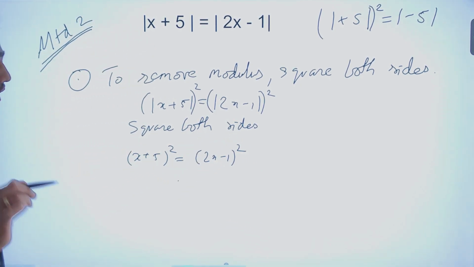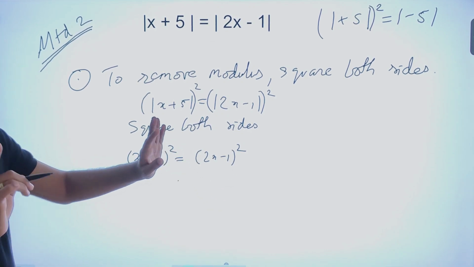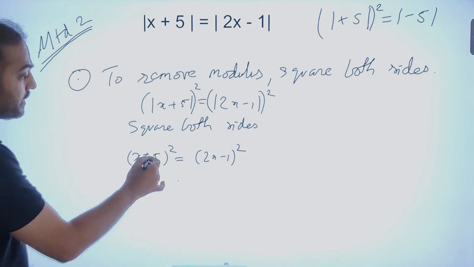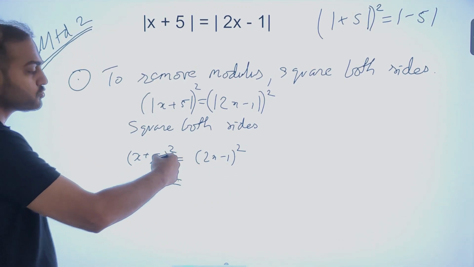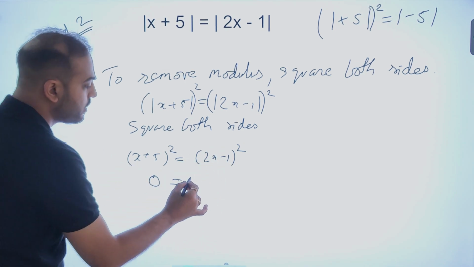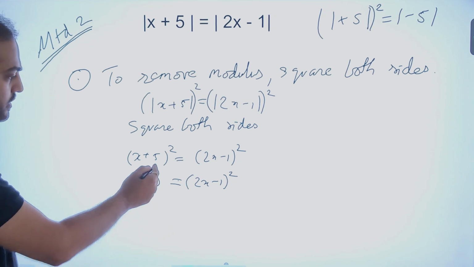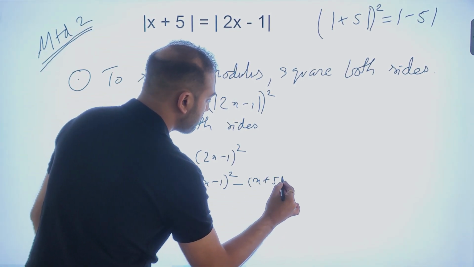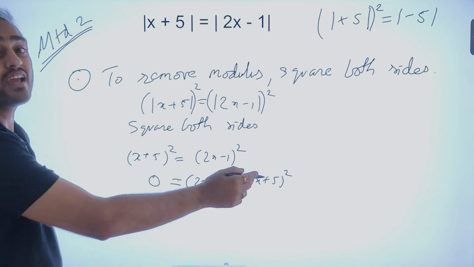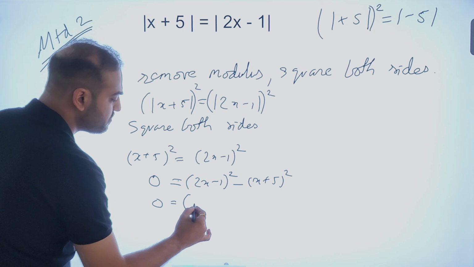Now do not rush into expanding a plus b whole square and solving quickly. Don't do that. Wait, get this on the same side. Now apply a square minus b square.